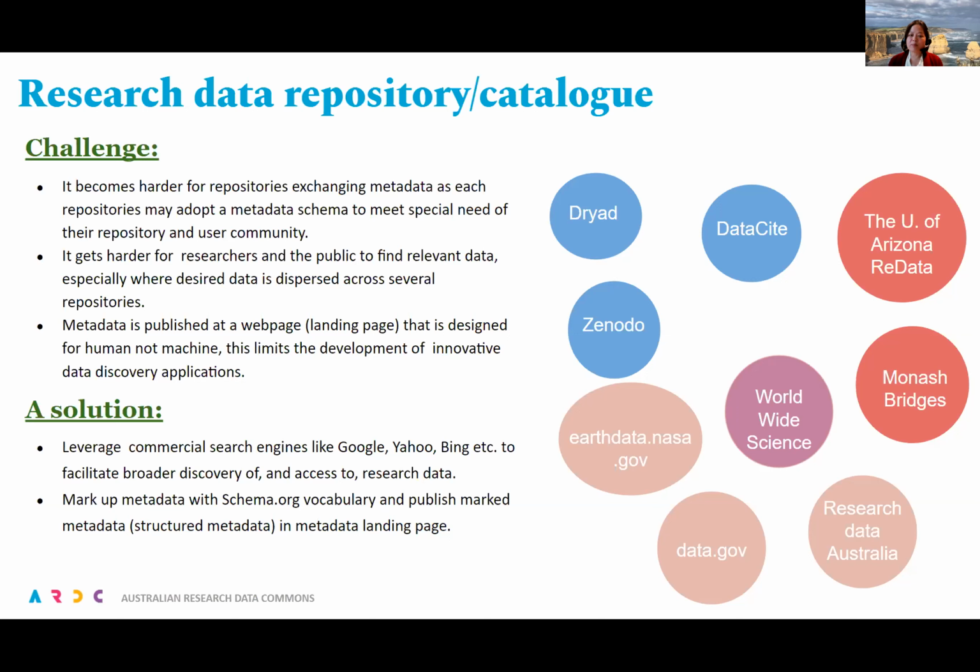So here we're talking about a solution to meet the challenge, that is to leverage commercial search engines like Google, Yahoo, and Bing to facilitate broader discovery and access to research data. We are doing this by marking up metadata with schema.org vocabulary and publishing marked-up metadata in metadata landing pages.